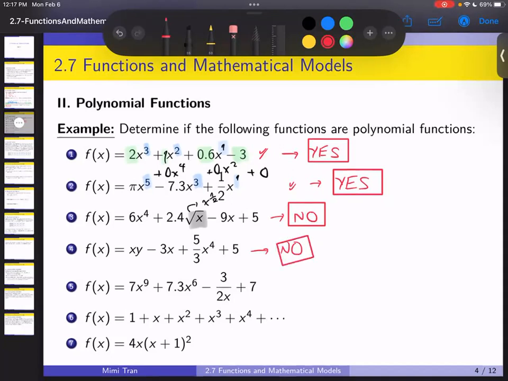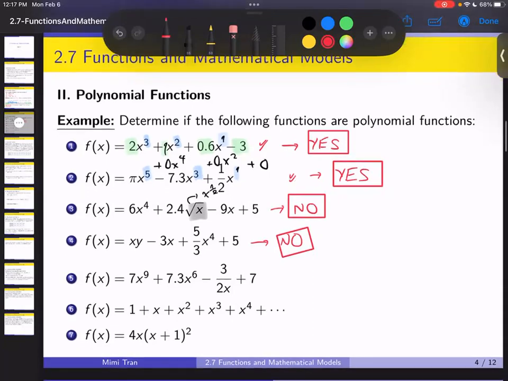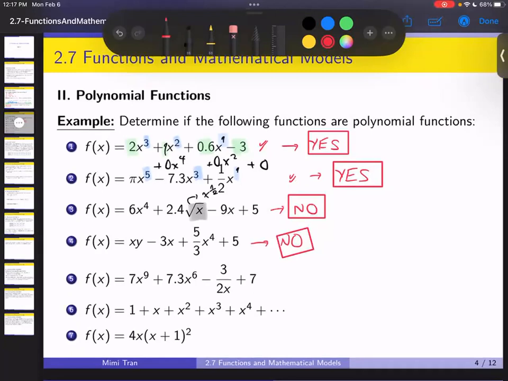Number 5. People at home, you can put your input in the chat. It's a polynomial. I don't see multiple variables, so it's okay. Yes, Lexi said yes.